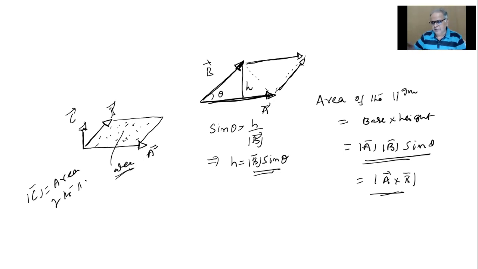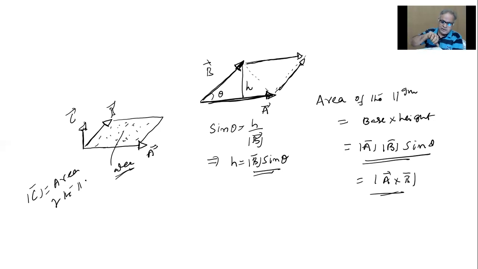If I have taken this box, this may be vector A, this may be vector B. This is a rectangle. This is my vector A, this is my vector B. So A cross B will be like this. But this vector's magnitude is simply the area of this rectangle. In other words, the area here is made into a vector like this.